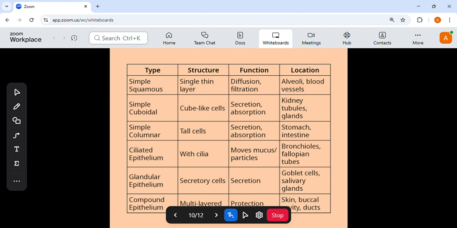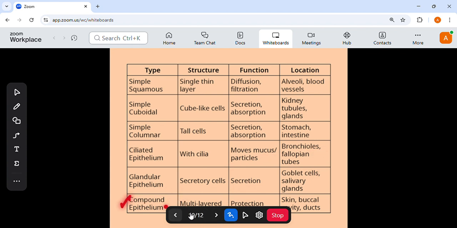Then simple columnar has another specialized type, ciliated columnar epithelium, with the presence of cilia that move the mucus and particles, seen in bronchioles and fallopian tube, important. Then glandular epithelium, the function is secretory, so they release secretions. Goblet cells, which are single cells, the salivary gland is multicellular.